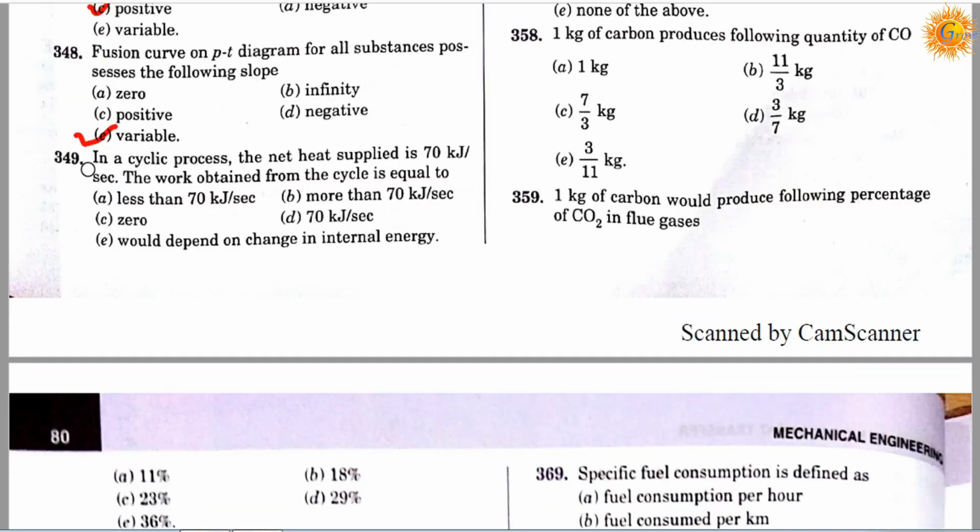Question number 349. In a cyclic process, the net heat supplied is 70 kilojoule per second.